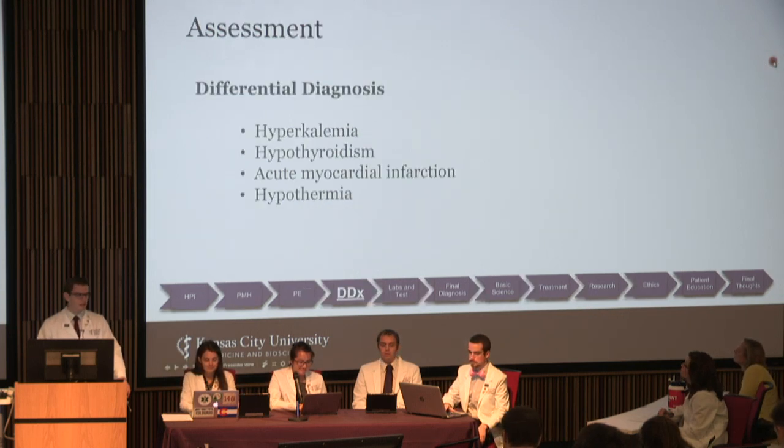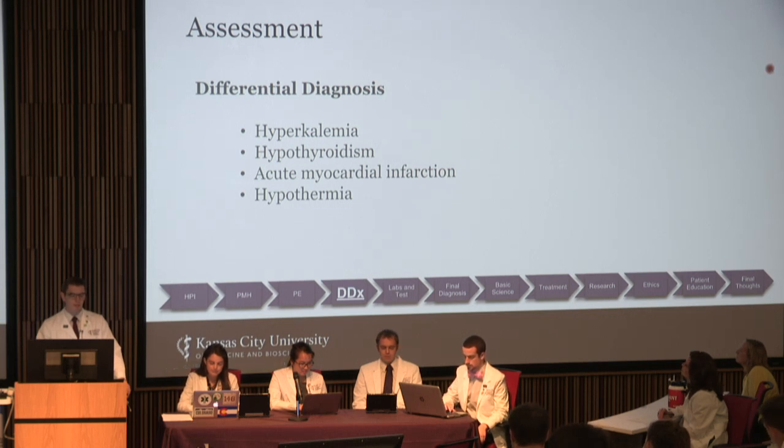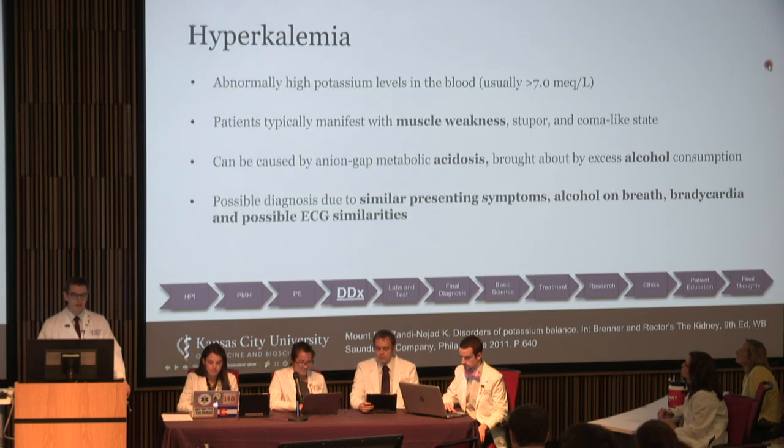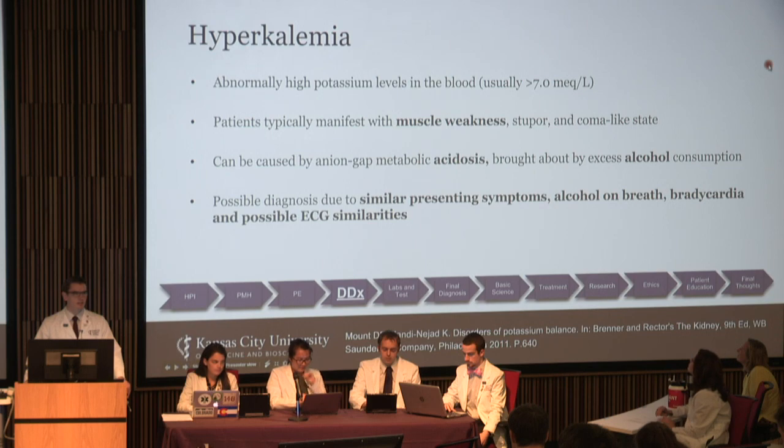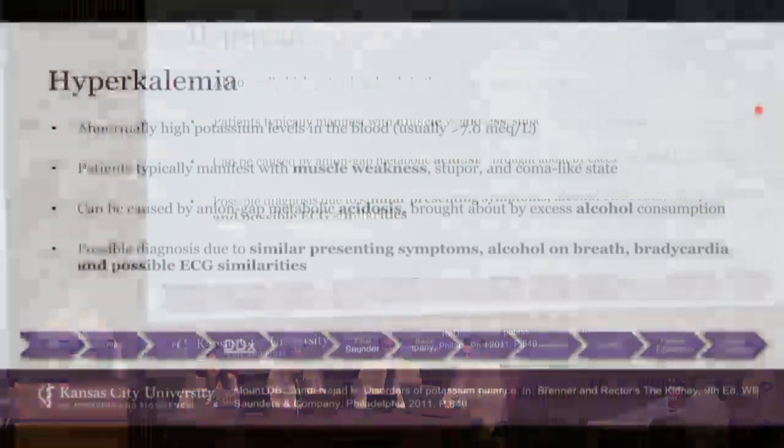After looking at this assessment, we looked at the differential diagnoses that could be affecting this patient. We will talk about hyperkalemia, hypothyroidism, acute myocardial infarction, and hypothermia to come. If a patient presents with hyperkalemia, they will have abnormally high potassium levels in the blood.